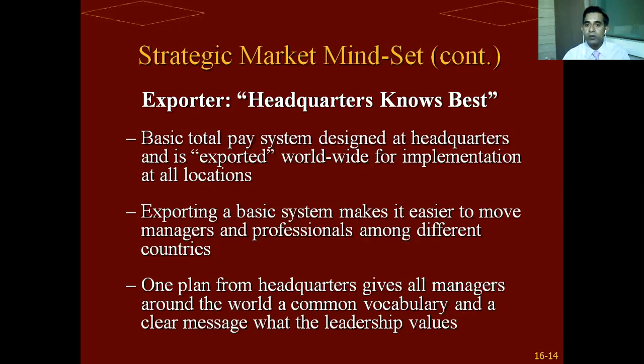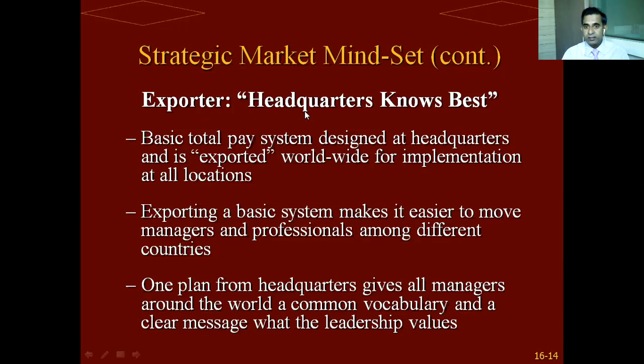Here you ignore the needs, tastes, and preferences of customers in another country because the head office thinks headquarters knows best. They design a compensation system in headquarters, and the same system is implemented across the different countries where its employees are working. So this is the second option. Whether right or wrong, it depends on the company philosophy.